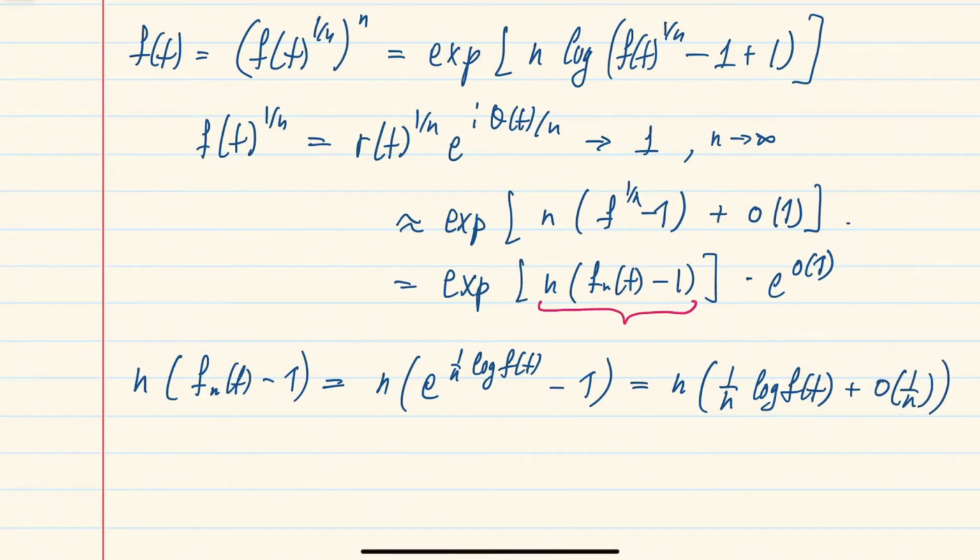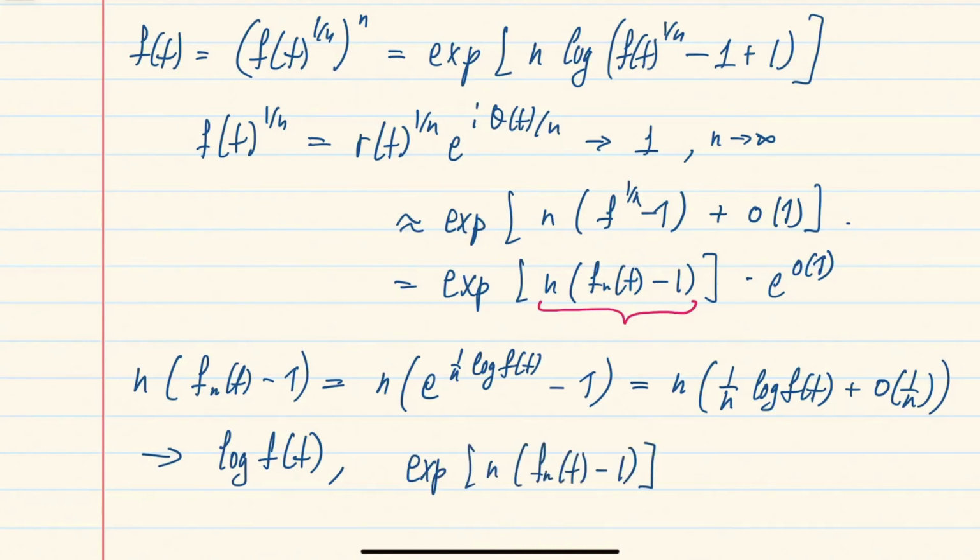So in particular, when n goes to infinity, we see that this converges to log of f(t), and then when you exponentiate, you get exactly what you want. Namely that this exponential of n times (fn of t minus 1) converges to f of t, and this proves that any infinitely divisible distribution is a limit of compound Poisson distributions.